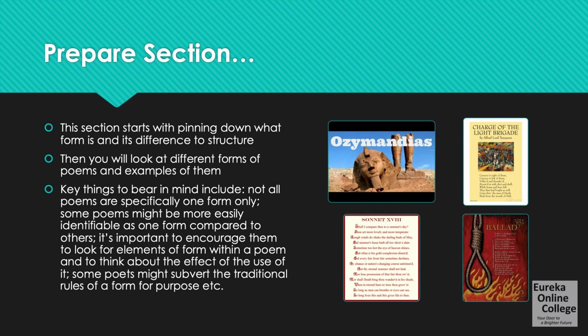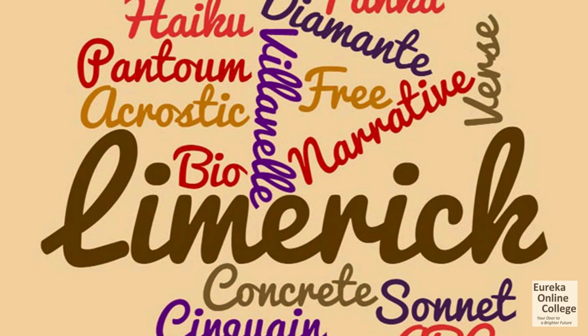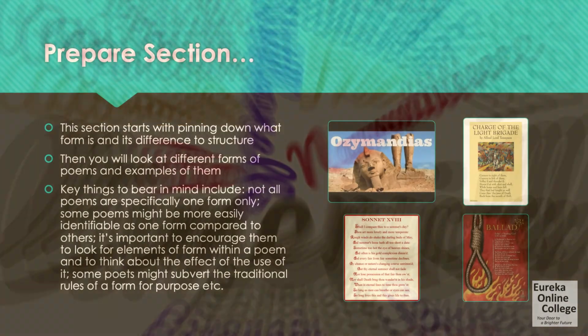For those of you who are unfamiliar with different forms of poems, this is precisely what the next part of the Prepare section is for. Here, you will be introduced to many different forms, including narrative, ballad, lyric, ode, dramatic monologue, free verse, sonnet, etc., and some examples of them.